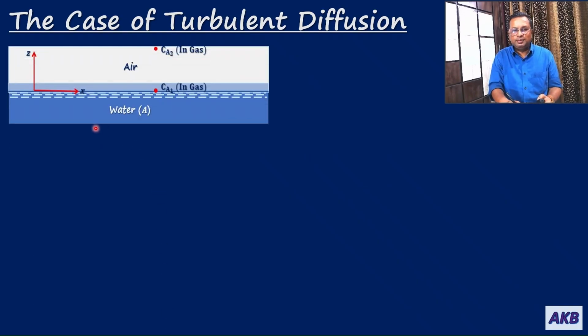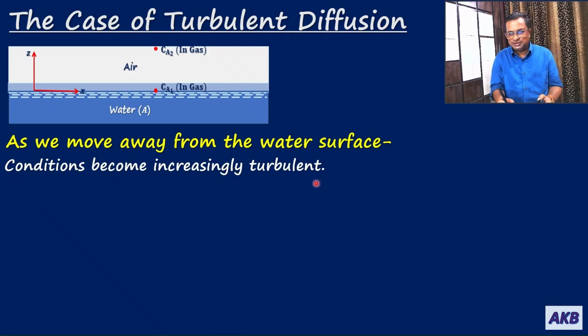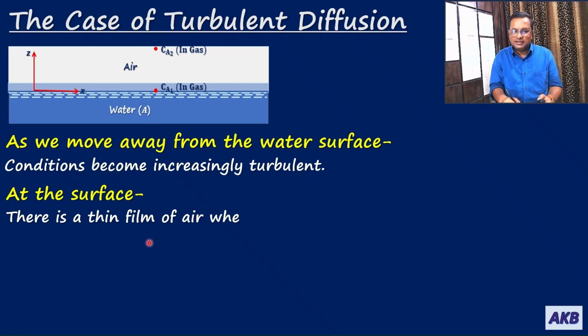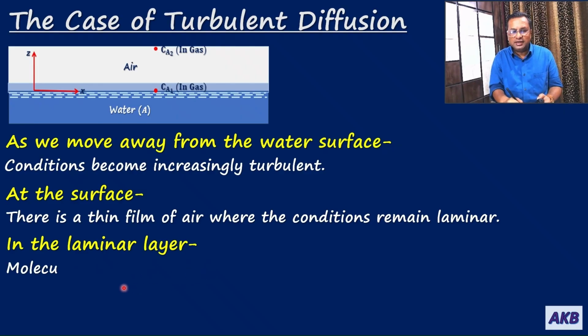Okay, so let me take this diagram in our discussion. So as we move away from the water surface, conditions become increasingly turbulent. I have talked about it. So when you are at the surface, there is a thin film of air where the conditions remain laminar. And in the laminar layer, molecular diffusion is predominant.